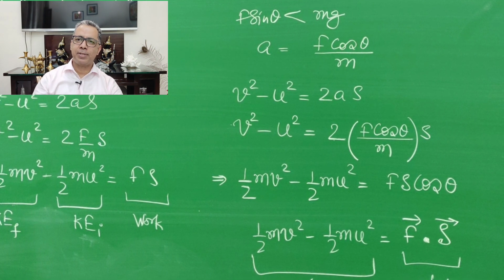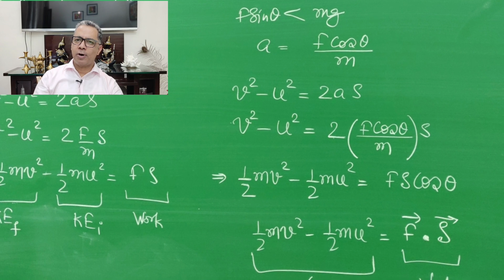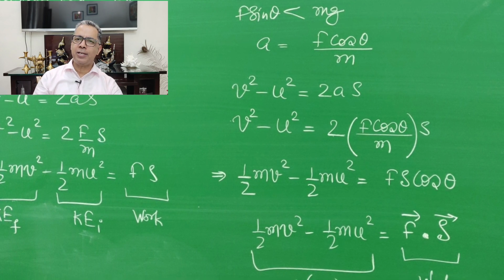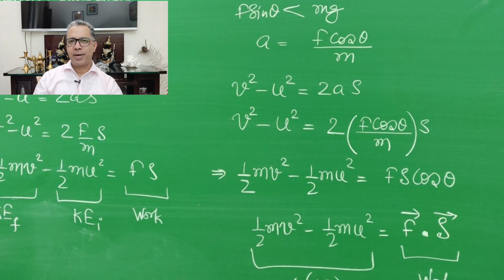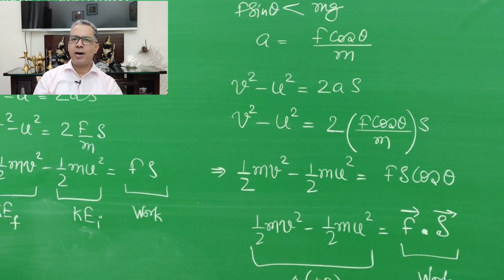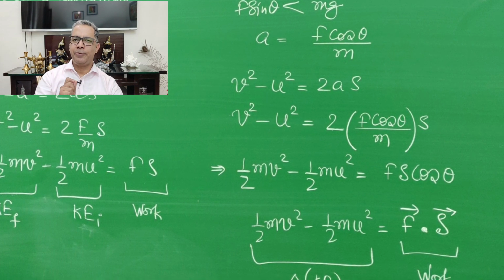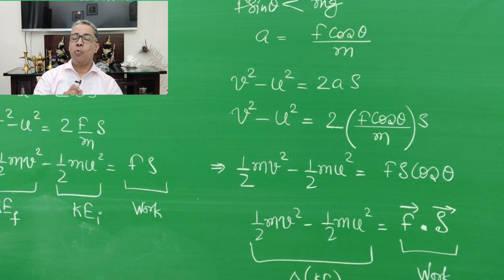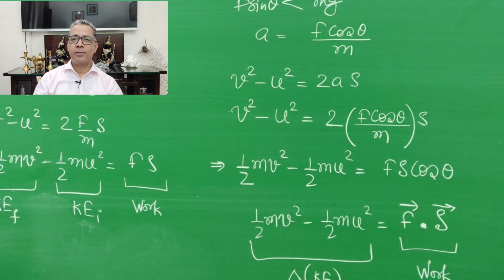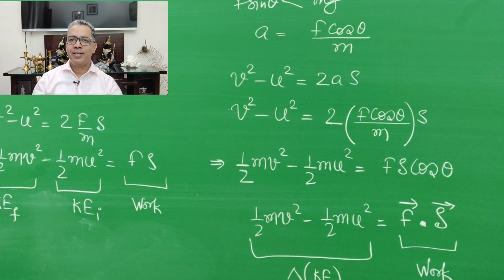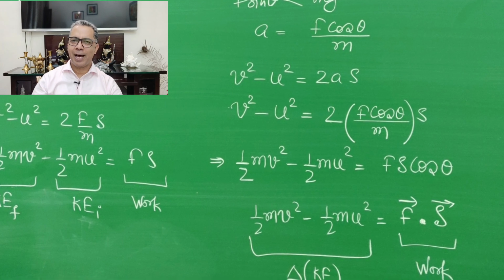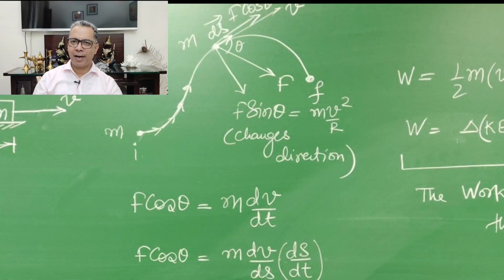Let's see what happens once the force is variable in magnitude as well as direction. What we have learned so far is work equals change in kinetic energy. Will it remain the same when the force is variable or not? Let's have a look now at the next diagram.